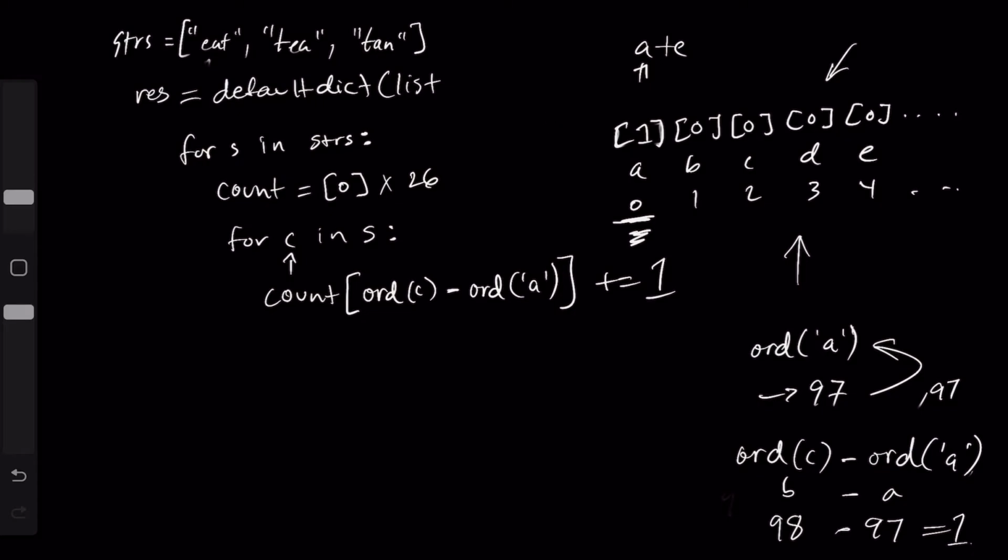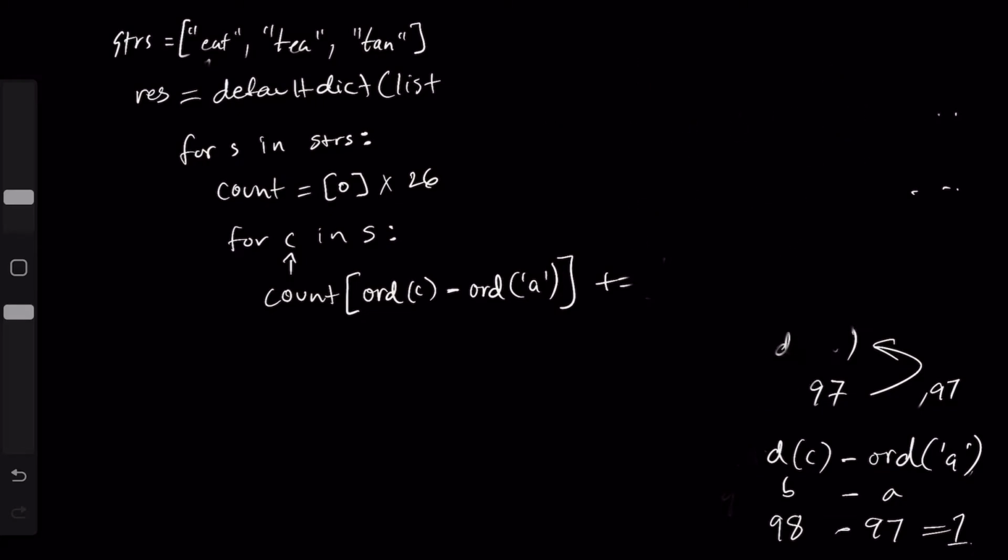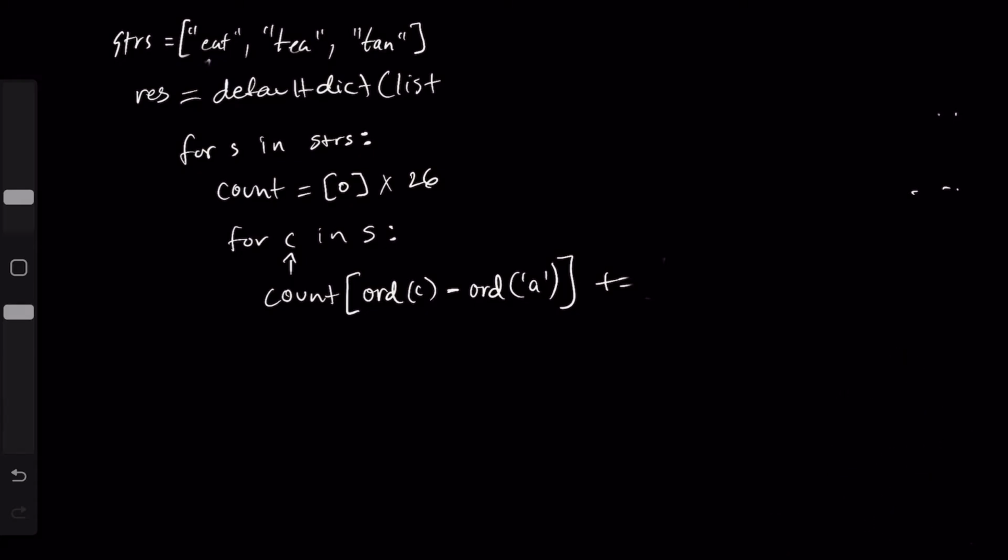Why aren't we using a regular dictionary, or a regular hash map? What is a hash map? A hash map has keys and then values, and these keys are immutable. That means you can't change them, unlike lists.